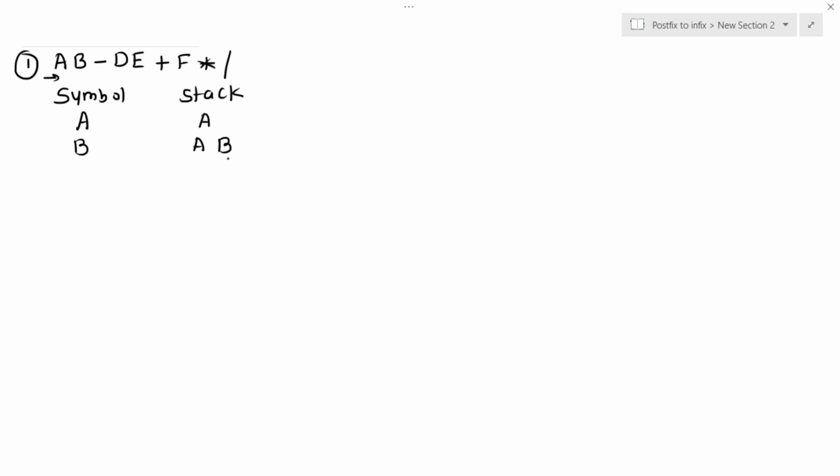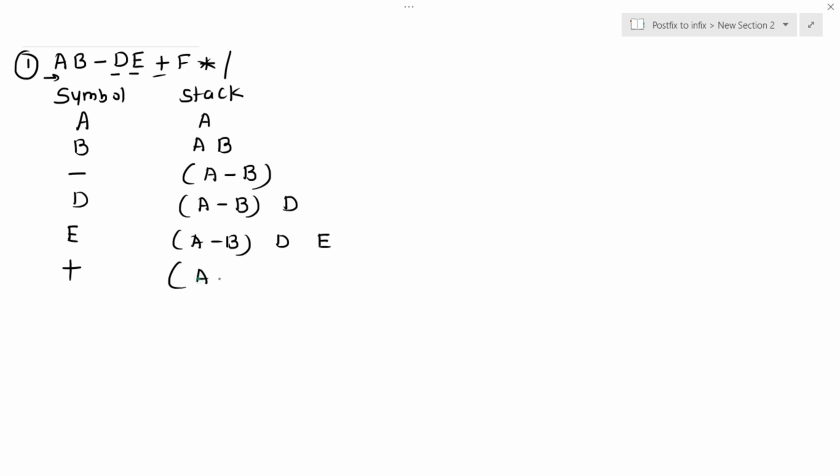There are two operands, A and B. Then minus comes. So the top of the stack gives A minus B. Then we have D, so we have the first operand A minus B and the second operand D. Then E comes. So we have A minus B, D and E. Now we have three operands. Next plus comes. So we have A minus B and D plus E.